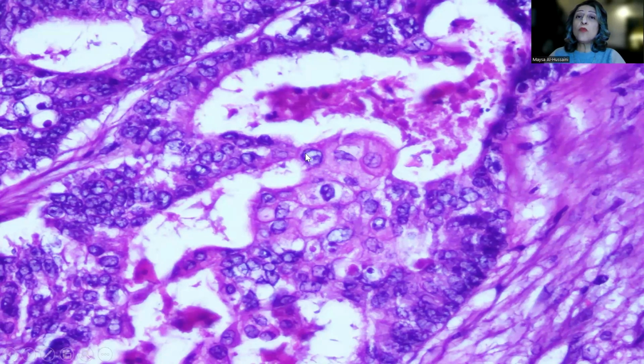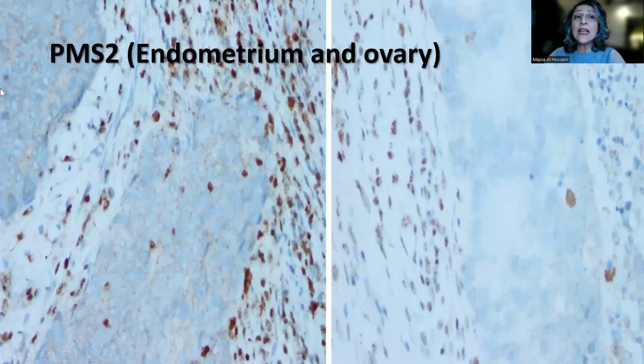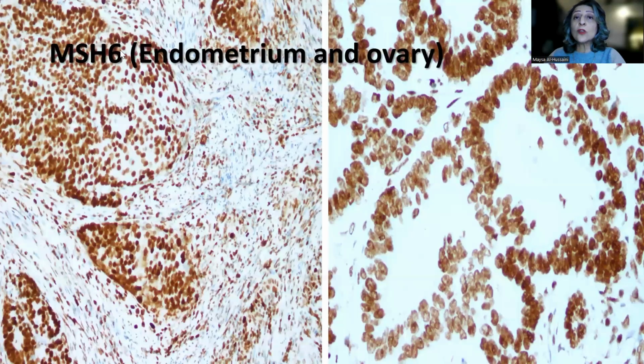What was really important in this case as well is that both the endometrial tumor as well as the ovary were deficient with MLH1, the loss of the nuclear stain, as well as with PMS2, both in the endometrium and the ovary, consistent with mismatch repair deficient tumor in both locations, while MSH6 was retained in both sides.